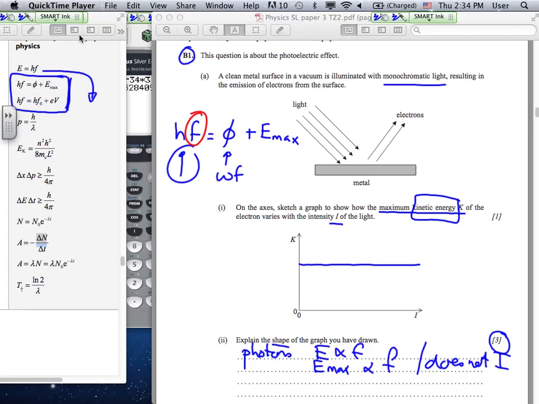And therefore when you increase the intensity, all you're doing is you just have more photons, but with the same energy. Okay, so those points should be included in your answer.